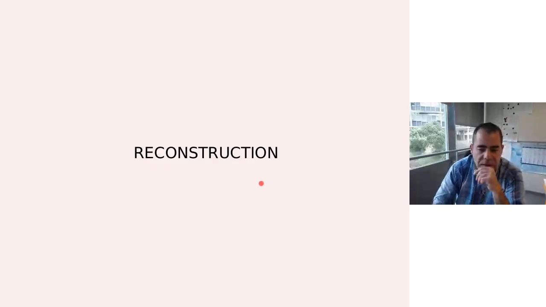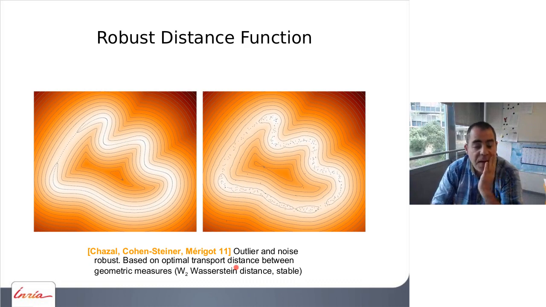So let's go. In reconstruction, what's the starting point? Initially, I was using optimal transportation, a mathematical concept usually used in physics, where you want to transport some mass and minimize the cost of transportation.